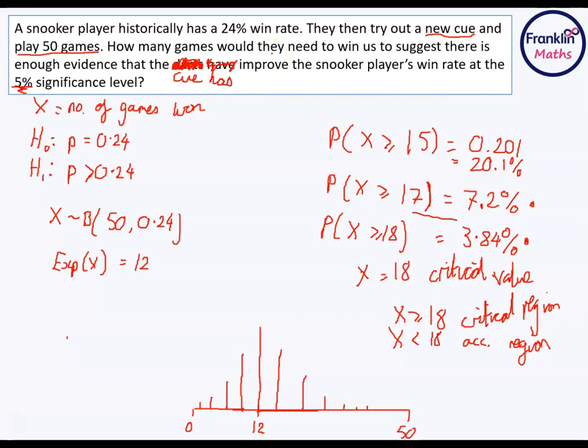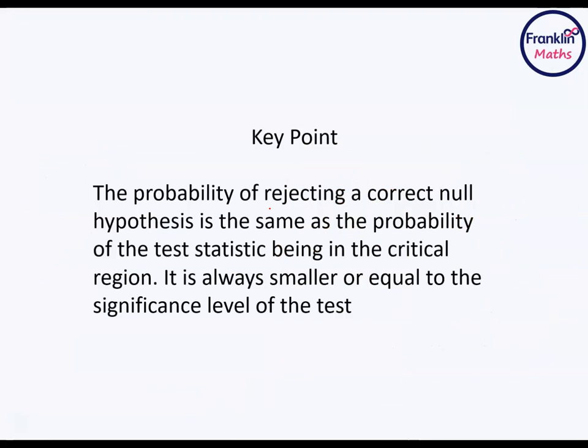Now, this would happen if the number of wins is in the critical region. If the number of wins is in the critical region, we've actually rejected the null hypothesis, even though it's correct. Now, this sounds really complicated, so I'm going to refer to my key point here.